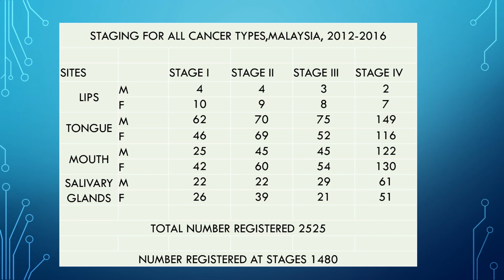From this staging, we can see that all the cancers are detected at a higher level in stage 4, especially the tongue and the mouth cancers. And it is at an alarming number of cases.